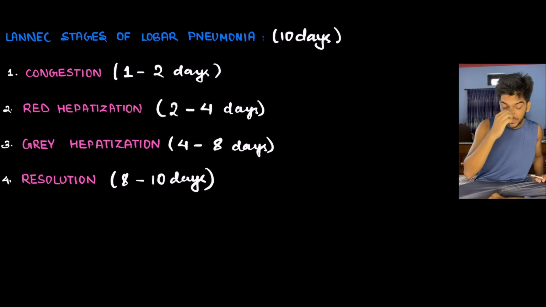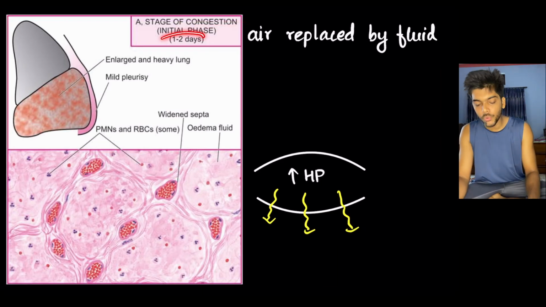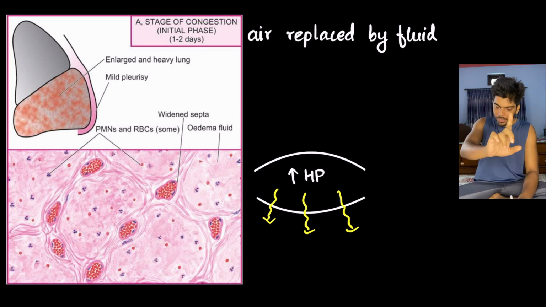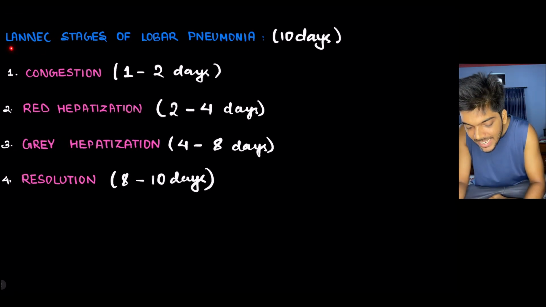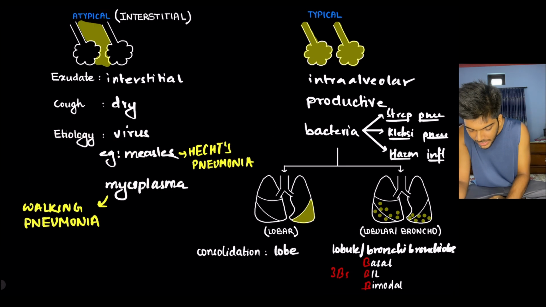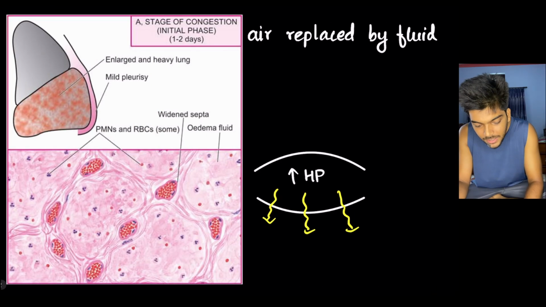Okay. Now, each stage. First, congestion, which lasts from 1 to 2 days. During inflammation, what is happening? We are learning about the Lannec stages of lobar pneumonia. Lobar pneumonia means a complete lobe of a lung or a huge part of the lobe is consolidated. So trace the lobe of the lung.